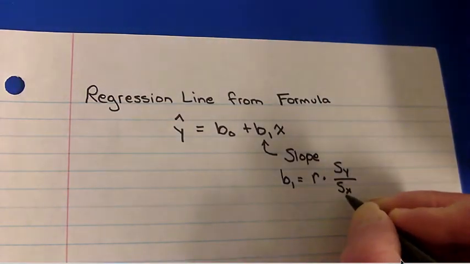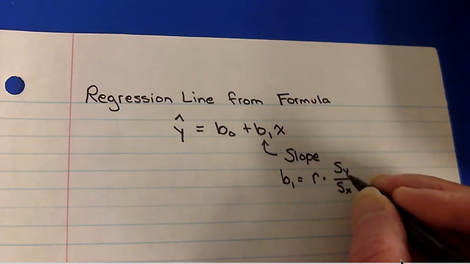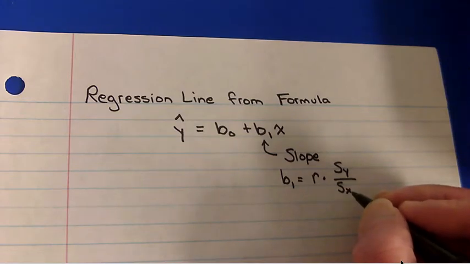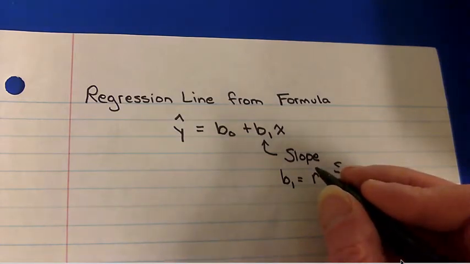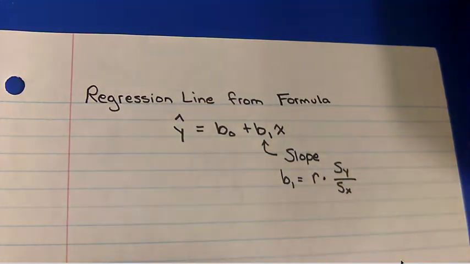And we should recognize this as our standard deviation of x. Well, this is the standard deviation of y. So that kind of makes sense. The deviation of y over deviation of x would play a part in slope. Change in y, change in x would have something to do with slope.